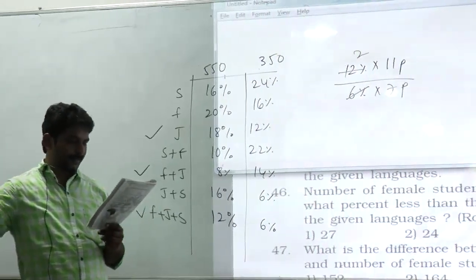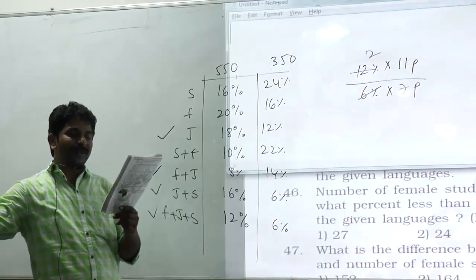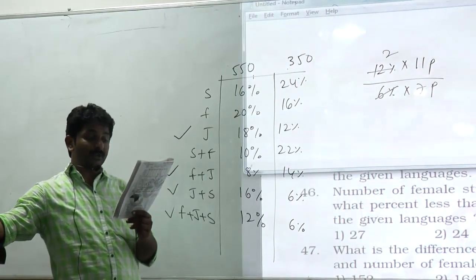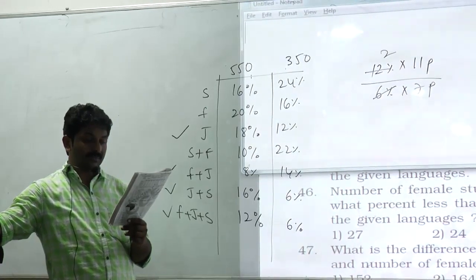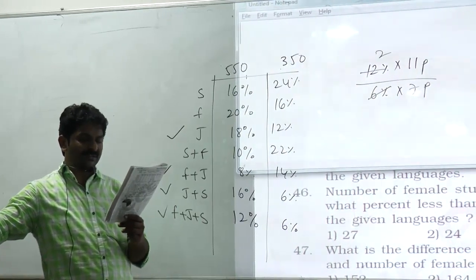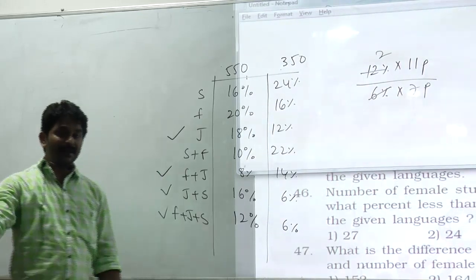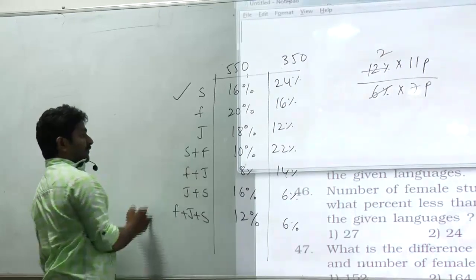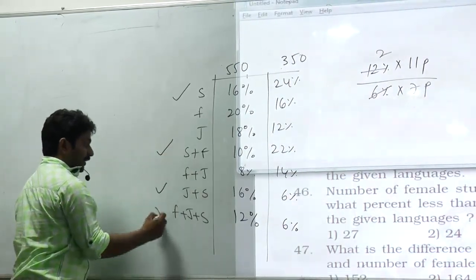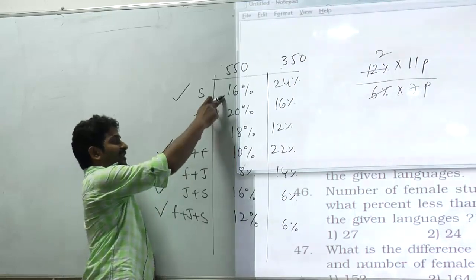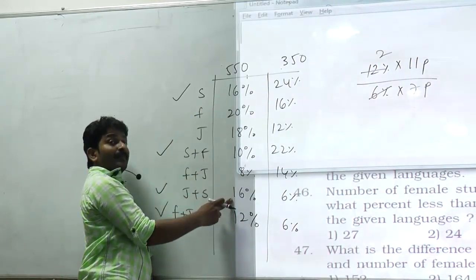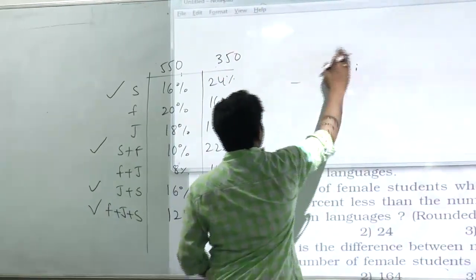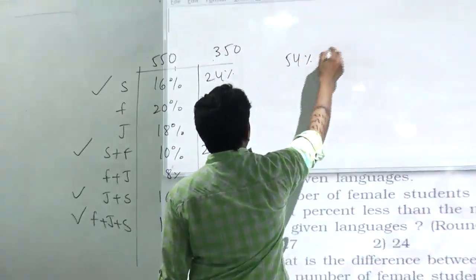Next, number of female students who can speak Spanish is approximately what percent of the total number of male students who can speak the same? This is just about Spanish. Female Spanish. Spanish, wherever yes is there, you need to take that. First one, fourth one, last two. Male 16, 26, 42, 54%. 54% of 550.